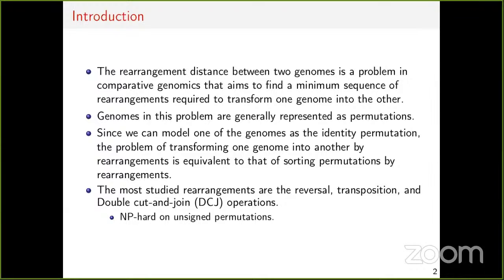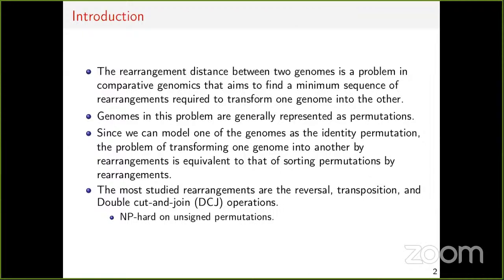The rearrangement distance between two genomes is a problem in comparative genomics that aims to find a minimum sequence of rearrangements required to transform one genome into the other. These genomes are generally represented as permutations, where each element of the permutation represents a gene of the genome.